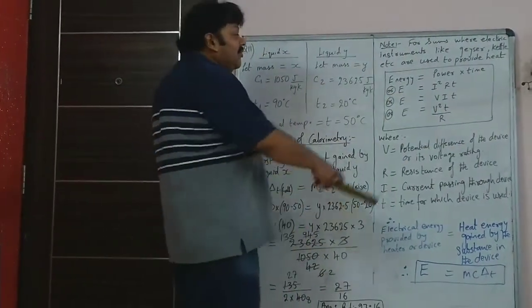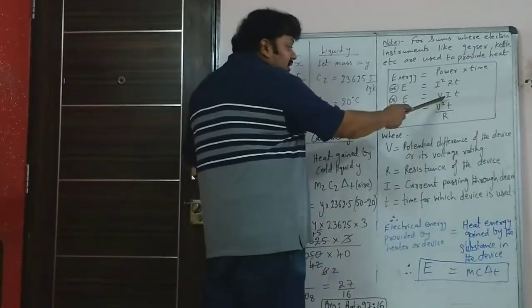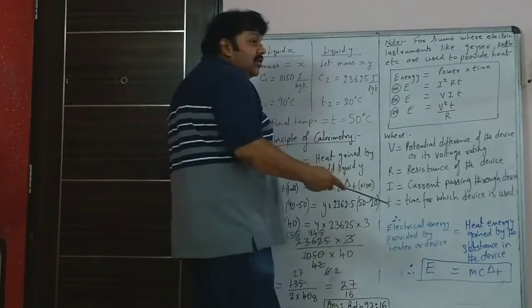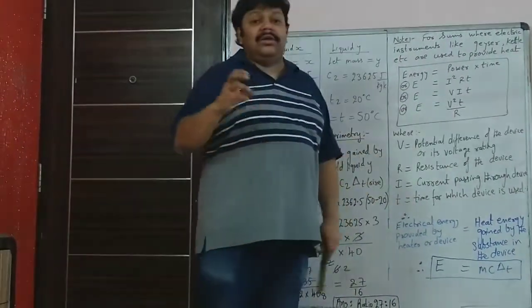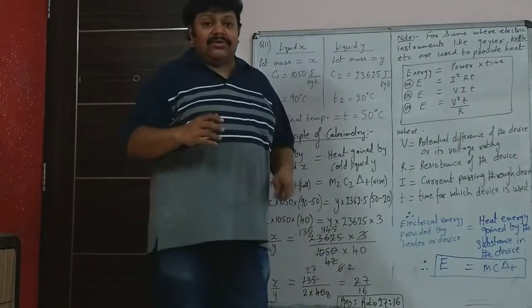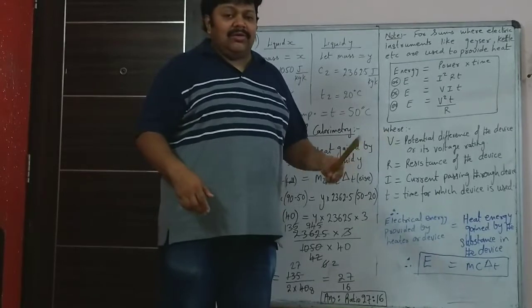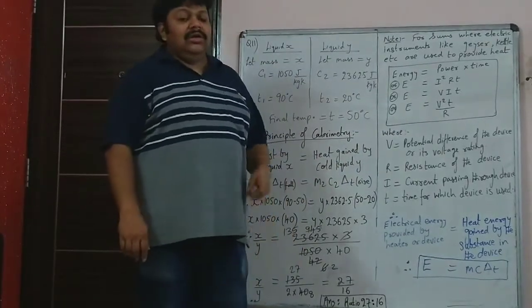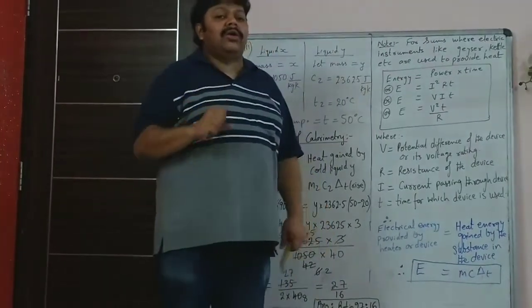Now if you are given V, I and T, then energy is VIT. In this case, V is the potential difference or the voltage rating of the device. Most appliances manufactured in India, any maker, be it Bajaj or Samsung, are rated to work at 220 to 240 volt.